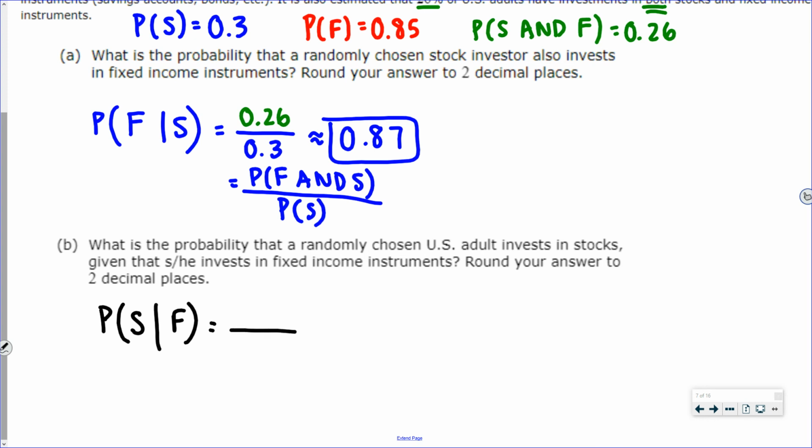So what's given to us is that they already have a fixed instrument. So my total population here is at 0.85. And then from that, what's the probability that they're also a stock investor? So for both, 0.26 divided by that.